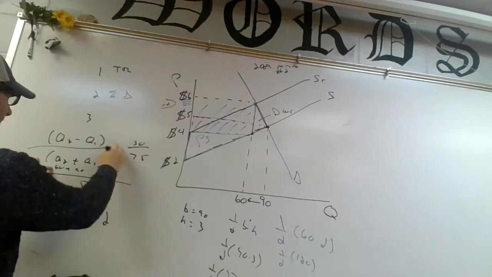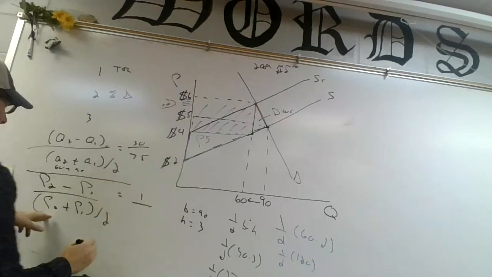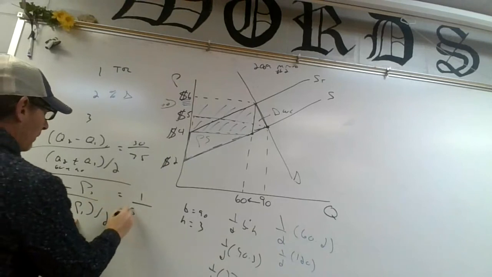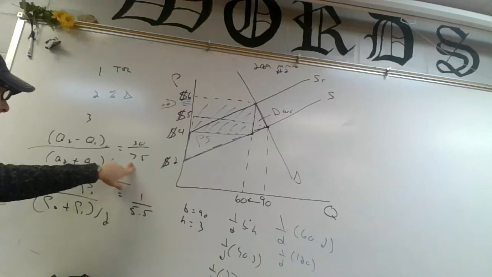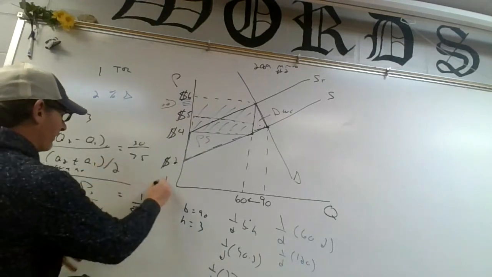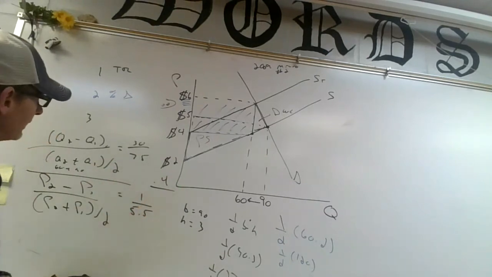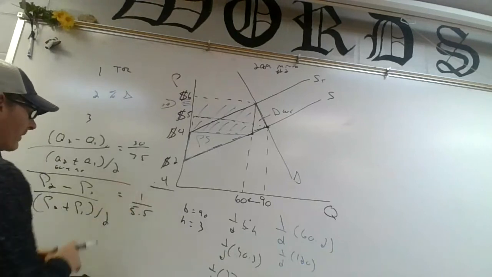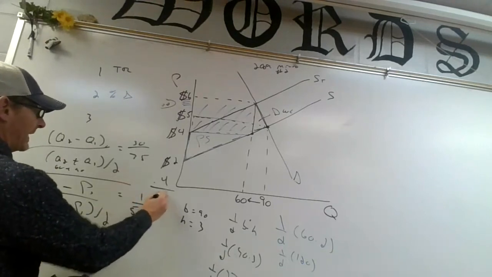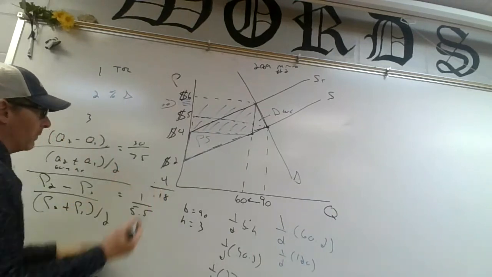Then 6 minus 5 is 1 over 6 plus 5, which is 11 divided by 2, or 5.5. I'm doing it in my head, so use your calculator. Dividing the two, it comes out to more than 1.